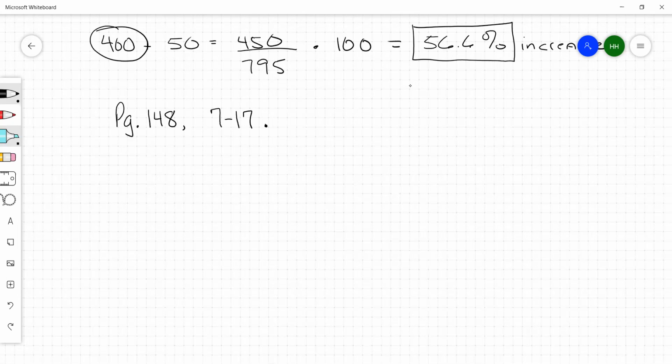Please continue to do that, okay? Please continue to take pride in what your paper looks like when you turn it in. Neat, organized, everything's lined up. You're not writing like a second grader, okay? Take some pride in what you're turning in. When you put your name on it, that's making a statement about you. Don't make it look like a bunch of scribble scrabble. So page 148, 7 through 17, show all your work.